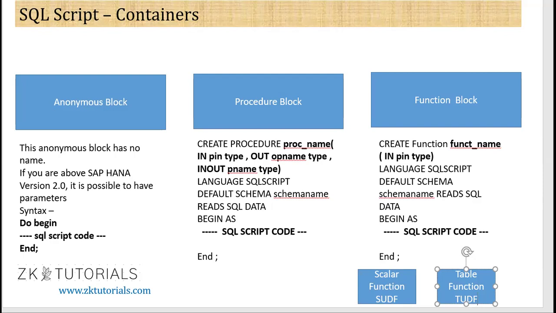The short forms are scalar UDF and table UDF. I will show you all of these practically in the system, don't worry. This is just the theory part of SQLScript. We will learn each one of them live in the system. So the scalar function returns only a single value, and the table function returns a value in the form of a table. I hope this is clear, guys.